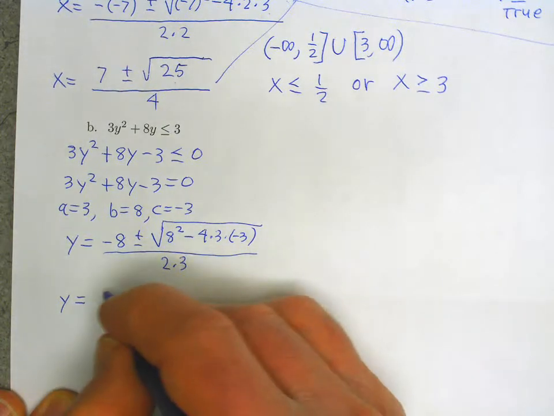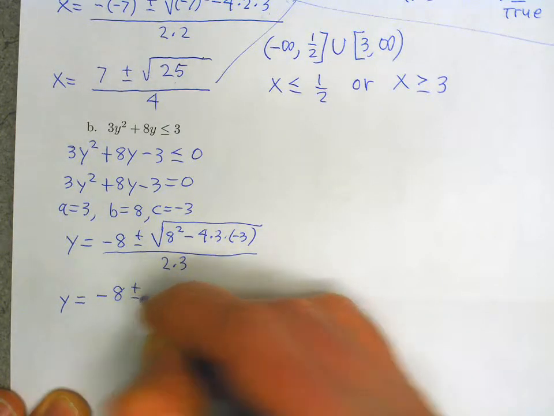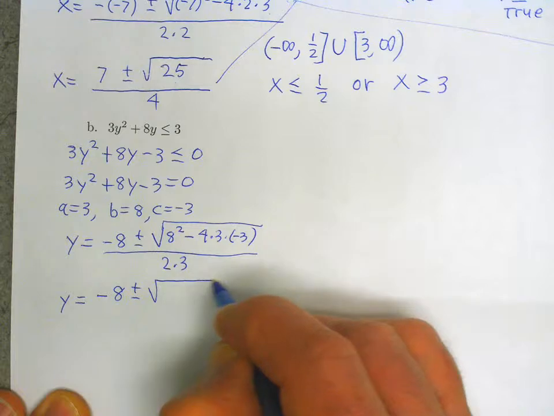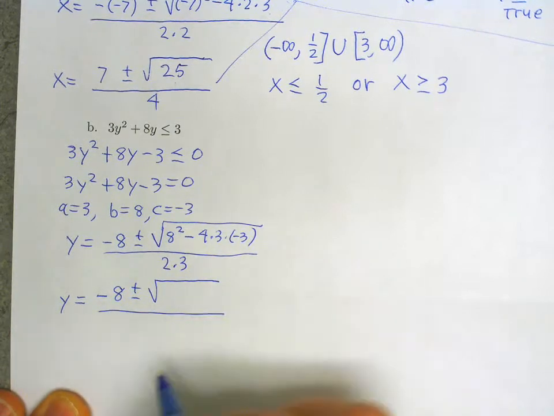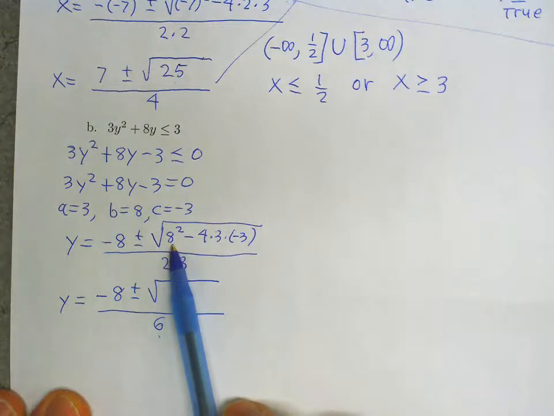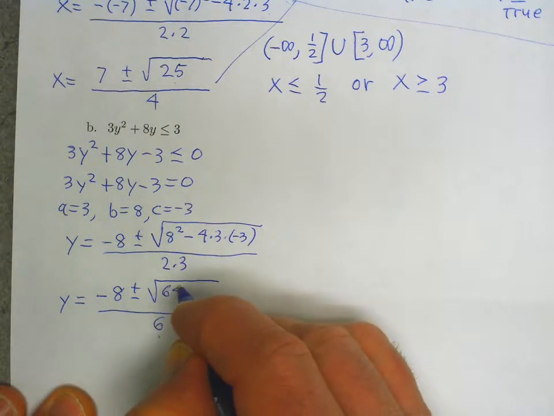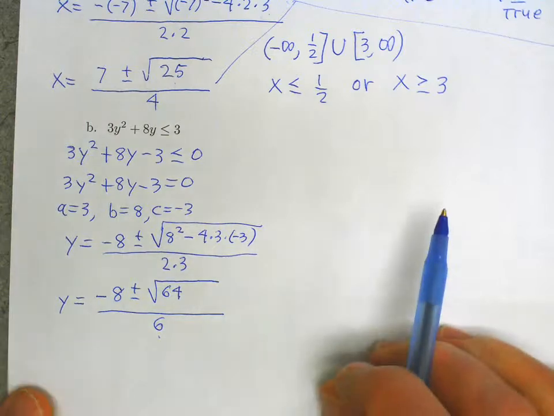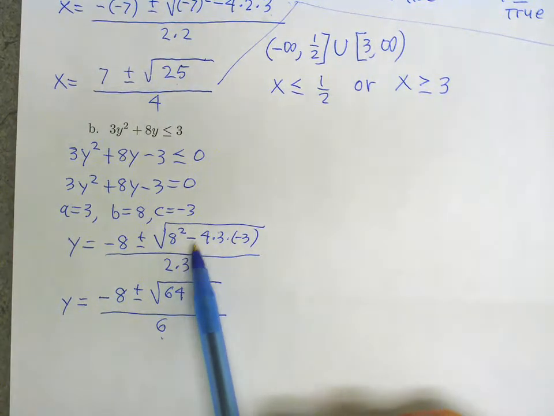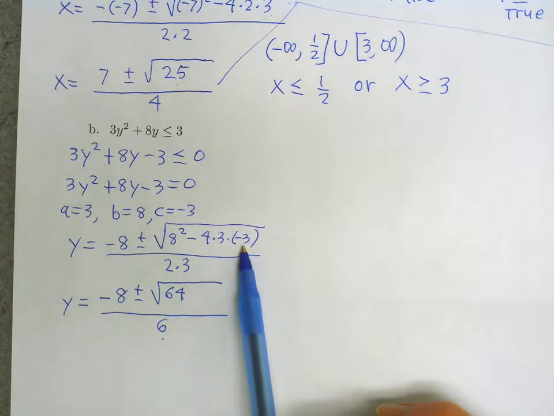And then y equals -8 plus and minus the square root of some number divided by 6. 2 times 3 is 6. Okay, so inside the square root, 8 to the second is 64. And we're subtracting 4 times 3 times -3.